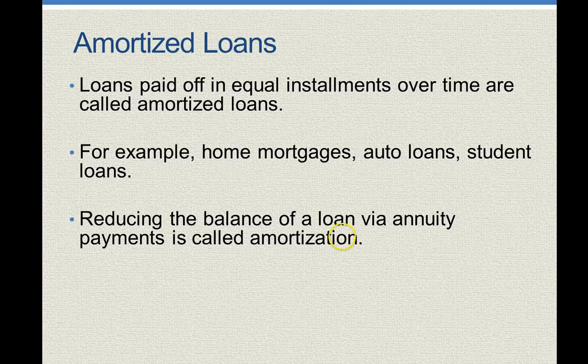So that student loan is also an example of an amortized loan. And if you buy a new car, you can also finance your purchase with an amortized loan. Every month you're going to pay a constant payment until the loan is fully paid off. So reducing the balance of a loan via annuity payments is called amortization.